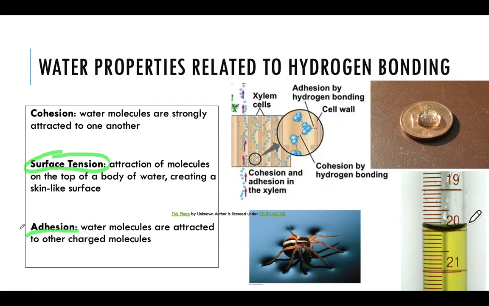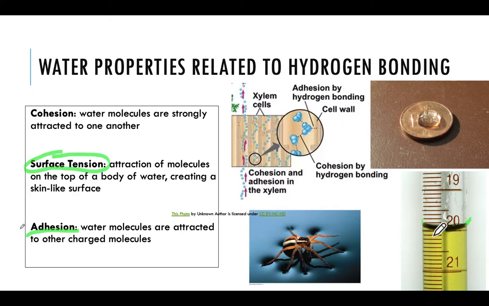If you look here, this is what we call a meniscus. This is a graduated cylinder, and this is the water inside the graduated cylinder. You can see here that the water has climbed up the sides of the graduated cylinder. When you measure water in a cylinder, you have to look at the curve at the bottom, because the lowest point is the actual good measurement.